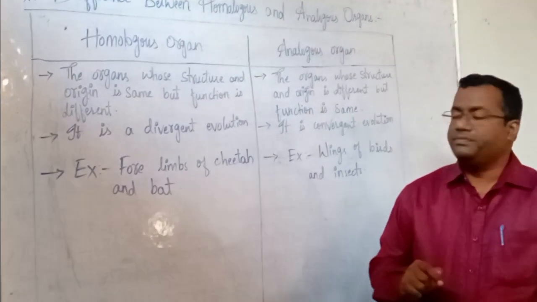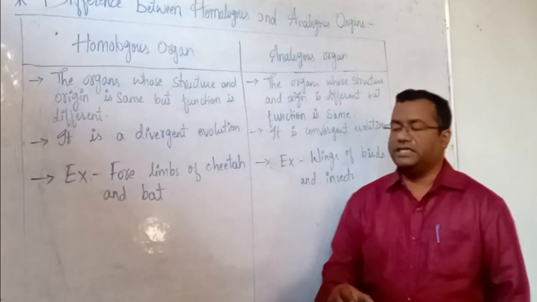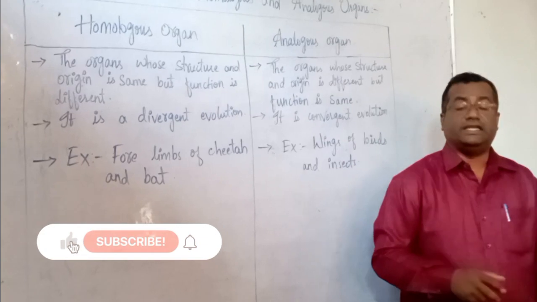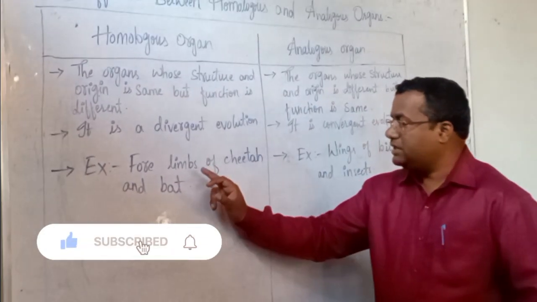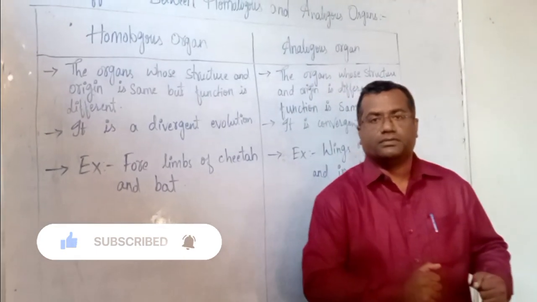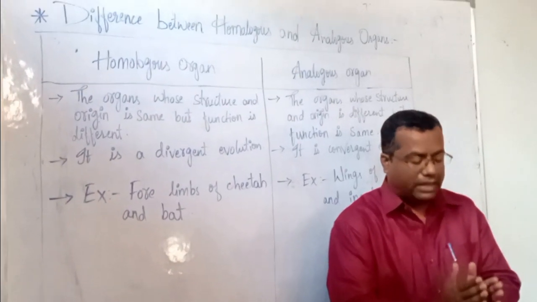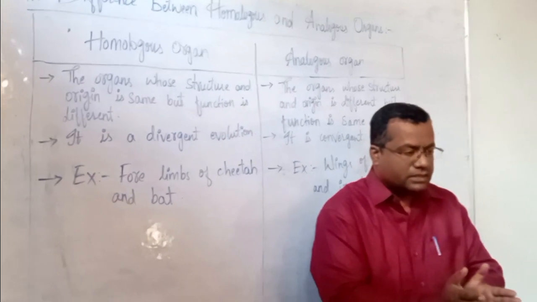At the same time, there is another consideration, that it is a divergent evolution. Why is it called divergent? Because the cheetah and bat were mammals, but those two mammals diverted.